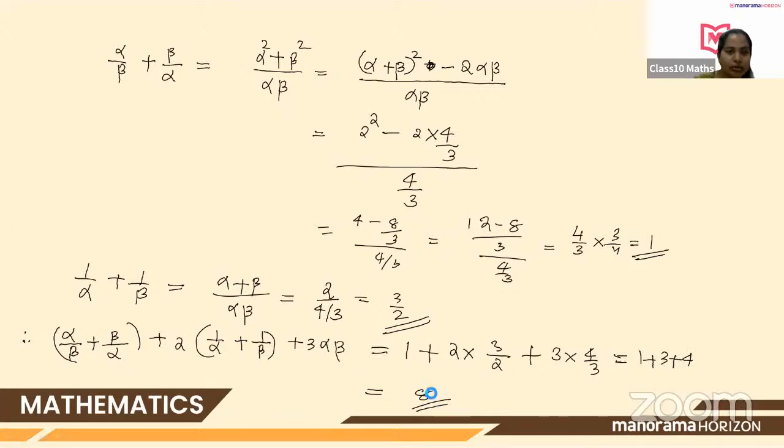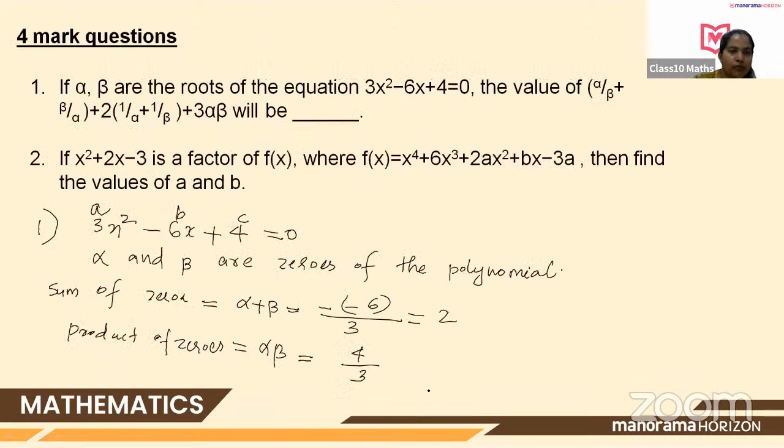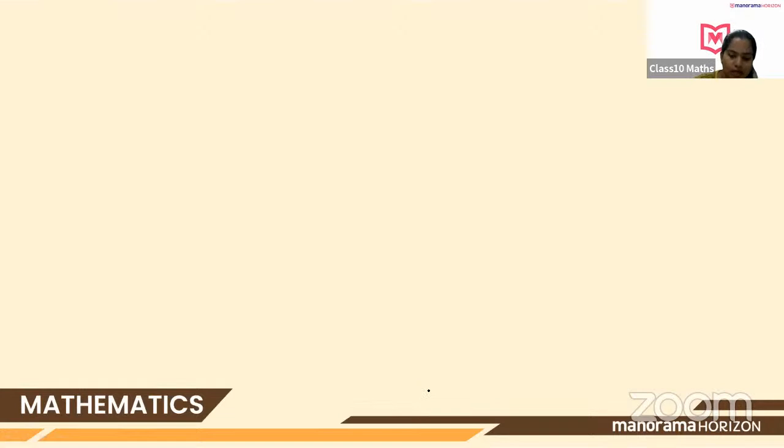Okay. And the next question is, if x square plus 2x minus 3 is a factor of f of x, where f of x is equal to x raised to 4 plus 6x cube plus 2ax square plus bx minus 3a, then find the value of a and b. Okay.